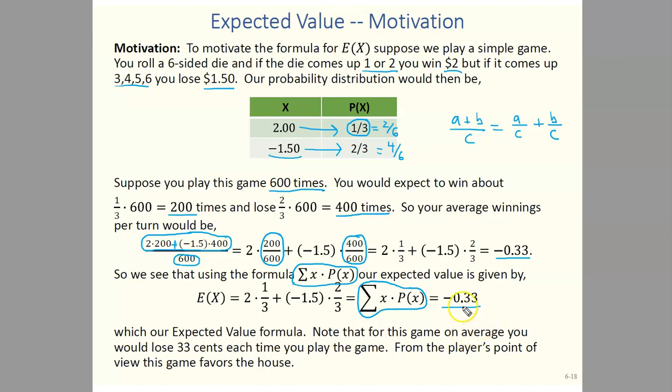So in other words, if the player played this game many, many times and they calculated their winnings or losings, total win or loss, and they divided by the number of times they played, they would come up with a number very close to negative 0.33, which means on average, each time they play this game, they can expect to lose 33 cents. That's what this means.